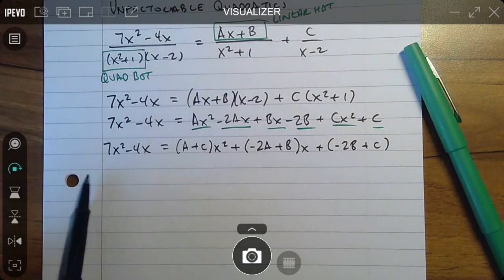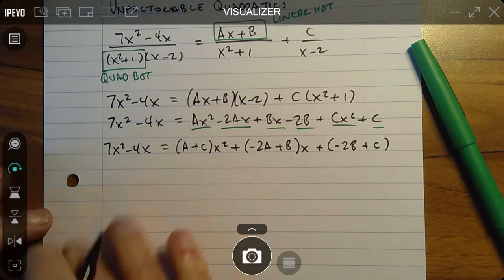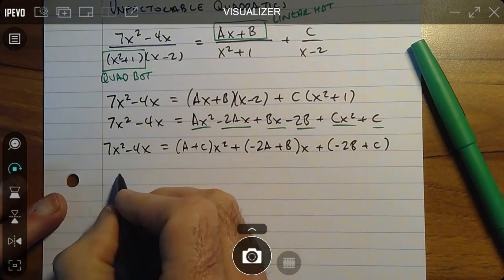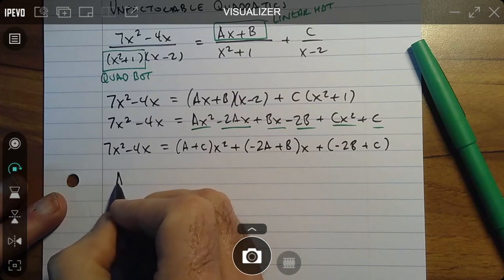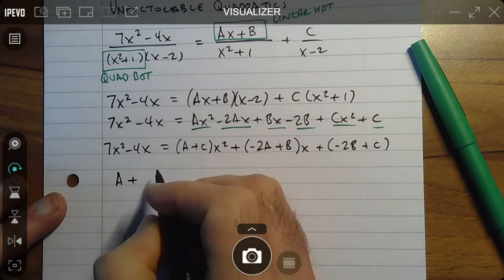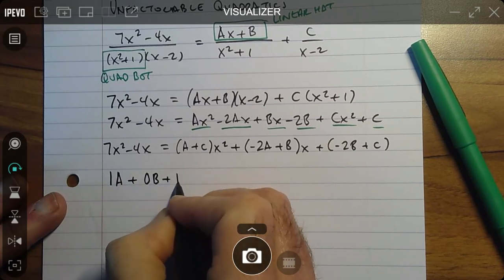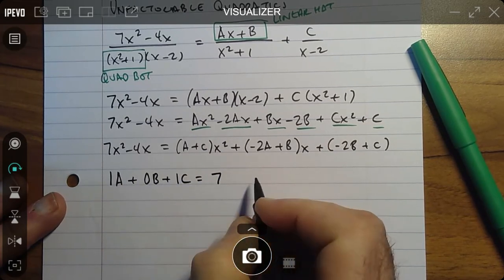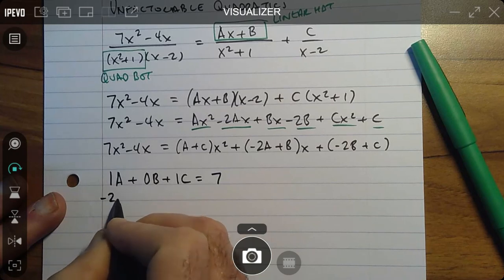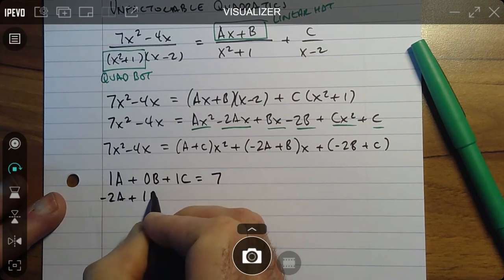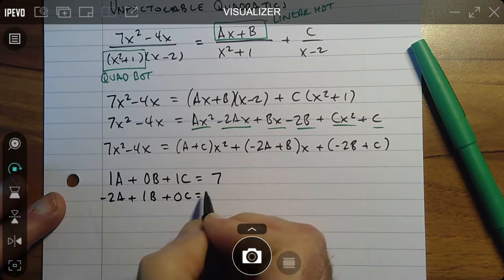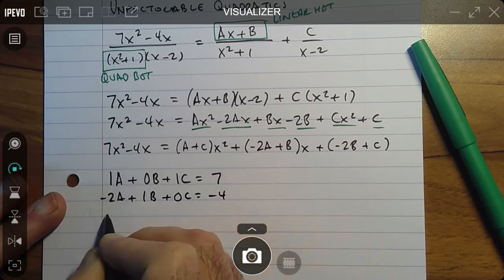Okay, we're cool. So equating our coefficients, we have a plus, there's no b here, so it's 1a plus 0 b's plus 1c is 7. Negative 2a's plus 1b plus 0 c's is negative 4.